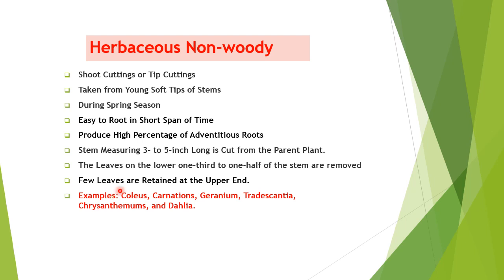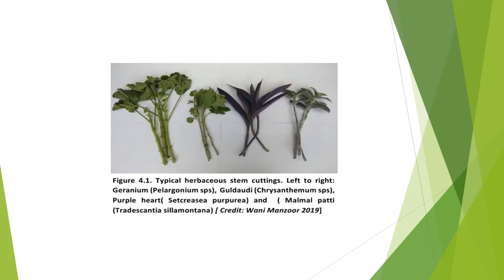Examples where herbaceous non-woody stem cuttings can be taken: carnations, geranium, triticale, chrysanthemum, and dahlia. Here are some of the typical herbaceous stem cuttings. One is the geranium or pelargonium species.